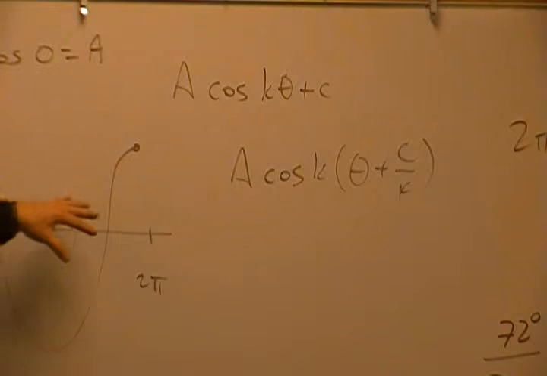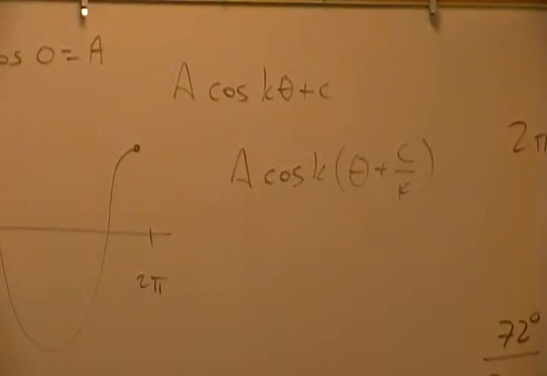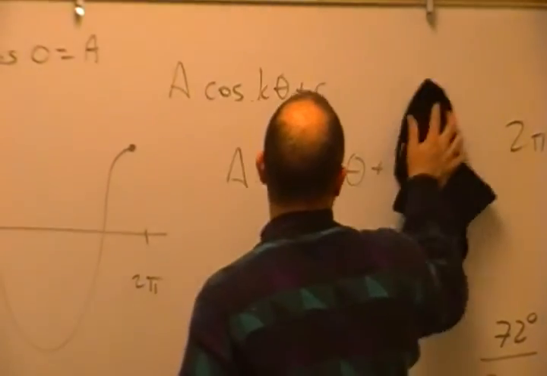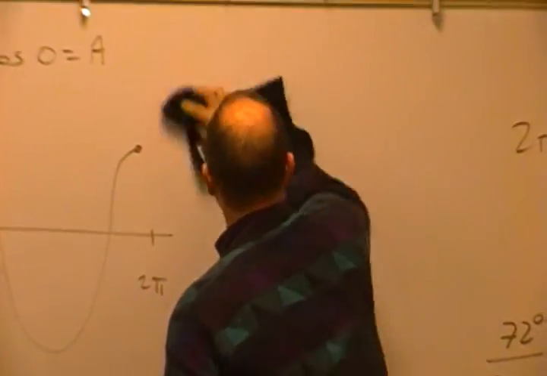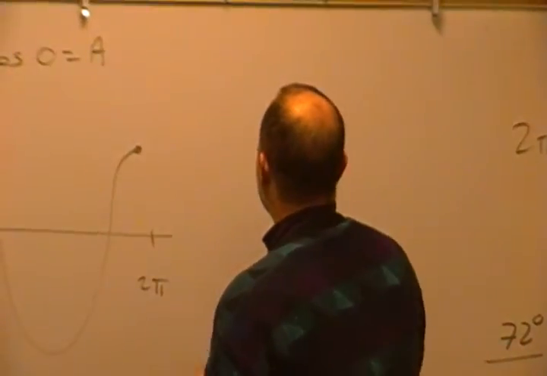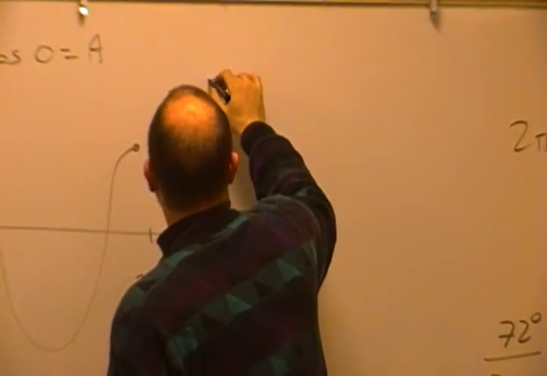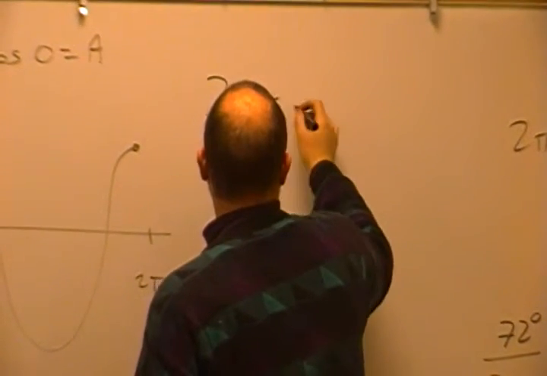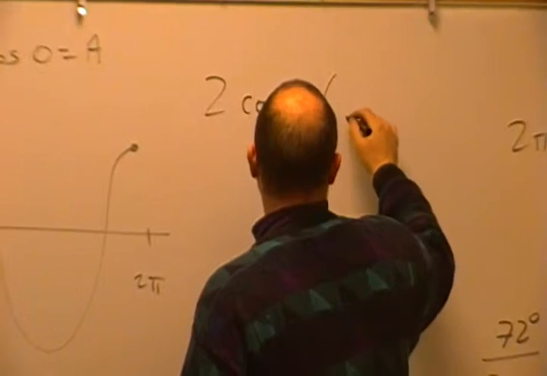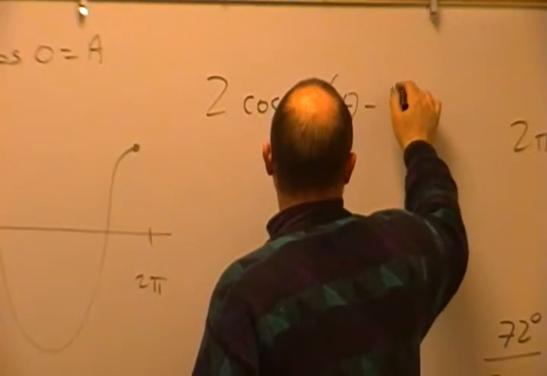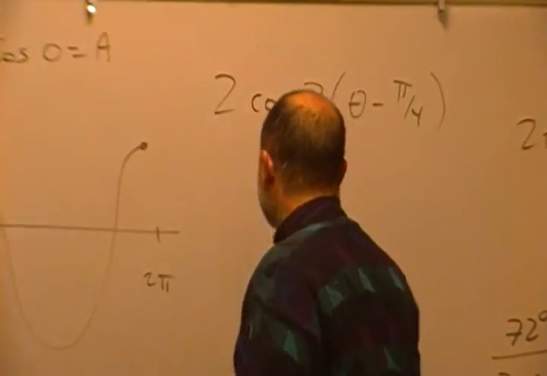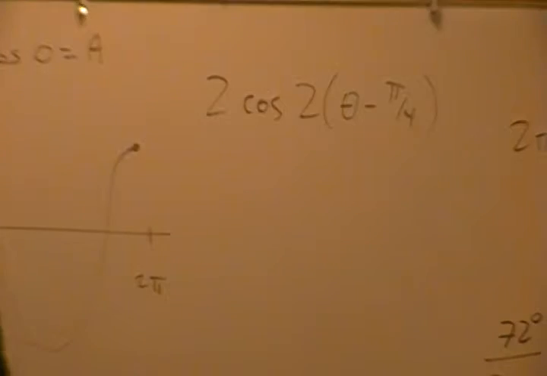Okay, so sine and cosine have a period of 2 pi. Let's just see about graphing something here for a minute. Let's start out easy. What if I say 2 cosine of (2 theta minus pi over 4)? How is this going to change this graph right here?